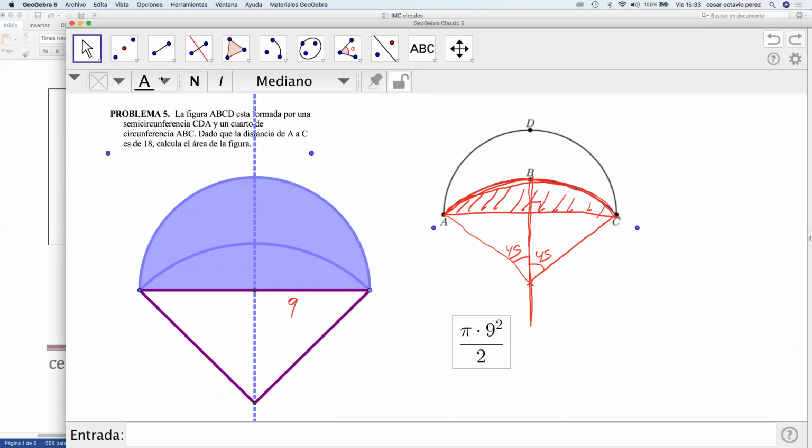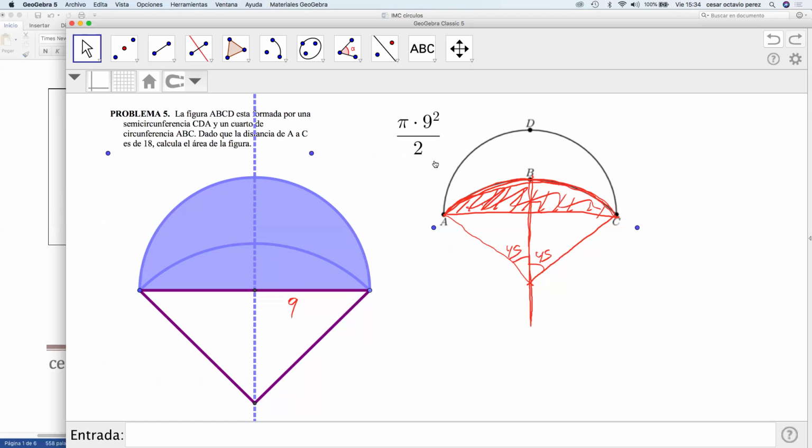And now we need to subtract this part. So if this is 9 and this is 9, this will be 9 times the square root of 2.